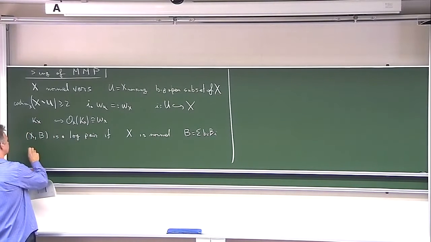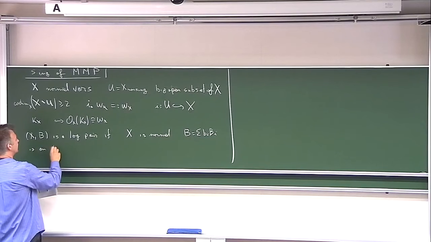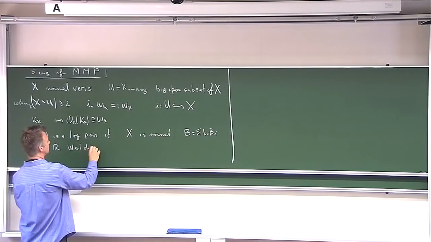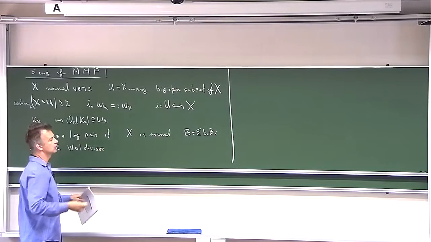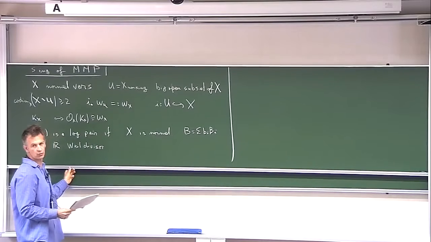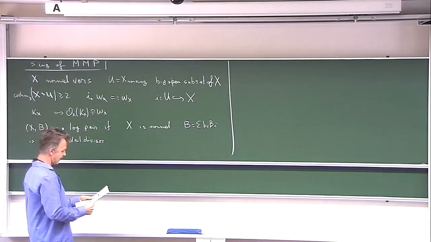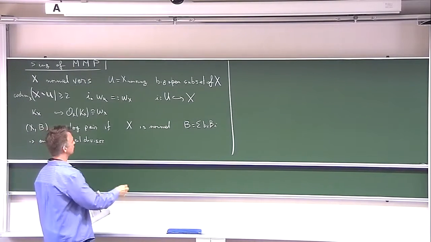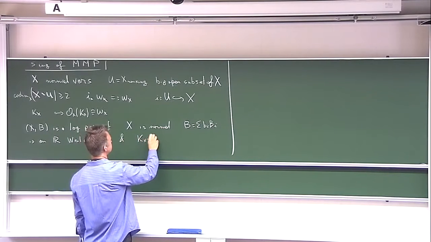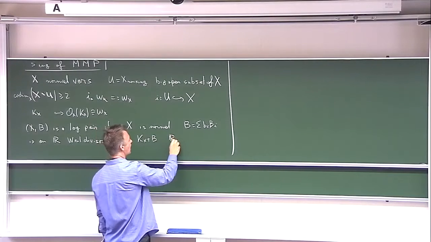So this has to be an R-Weil divisor. It's just a formal linear combination with real coefficients of codimension 1 subvarieties. And the most important property that I'm going to insist on is that K_X plus B should be R-Cartier.